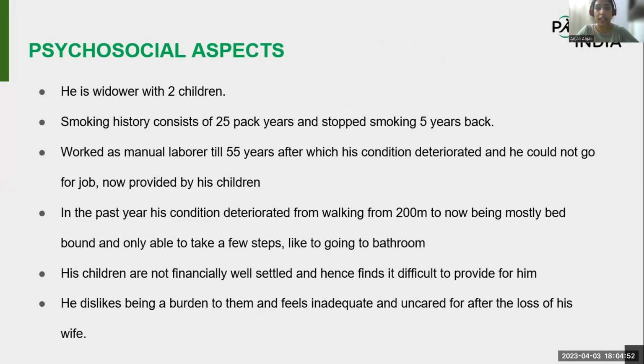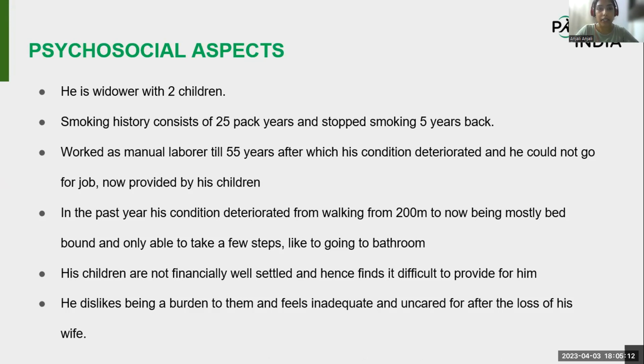Now the psychosocial aspects. He was a widower with 2 children, and he had a smoking history of 25 pack years, having stopped 5 years back. He worked as a manual laborer till 55 years, after which he was diagnosed with COPD and his condition deteriorated and he could not go for a job.